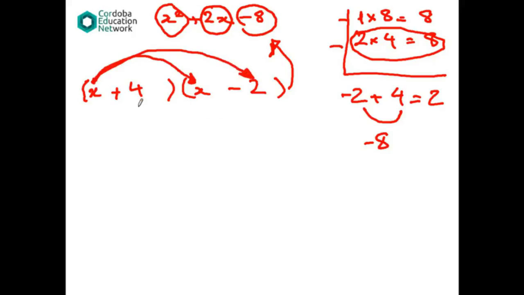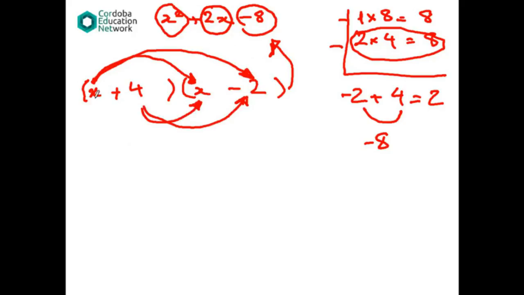And the next component of the first bracket gets multiplied by each component also of the second bracket, like that. It's literally just this times this, this times this, then this times this, and this times this.